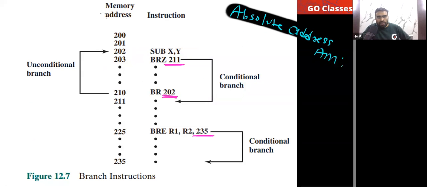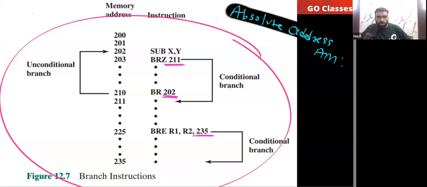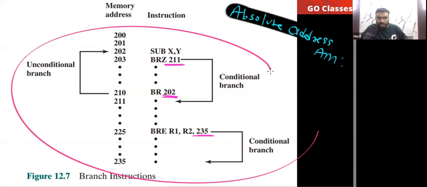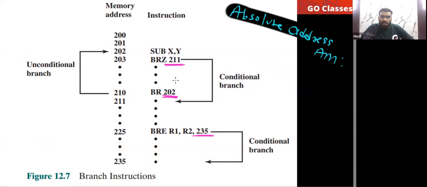Correct? Let's assume this is your program, and this is stored like this. After some time, another program comes, then what will the operating system do? This concept you have already seen in the operating system, right? If another program comes, and let's assume there is no space in the main memory, then what will the operating system do?